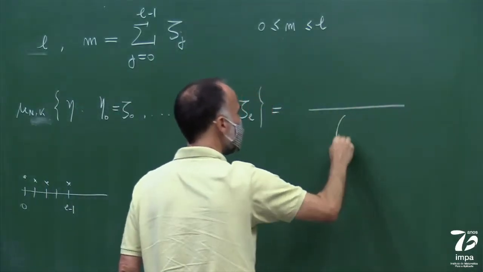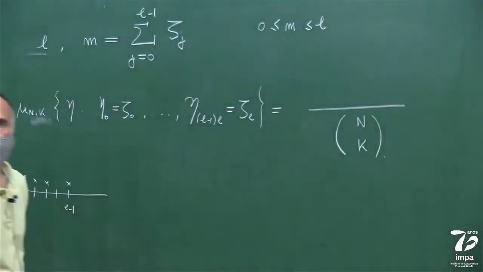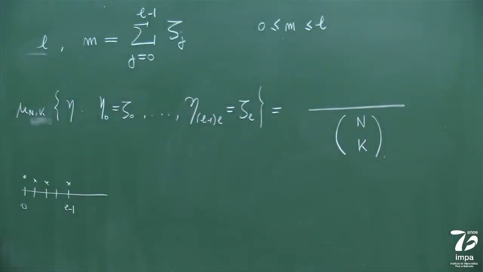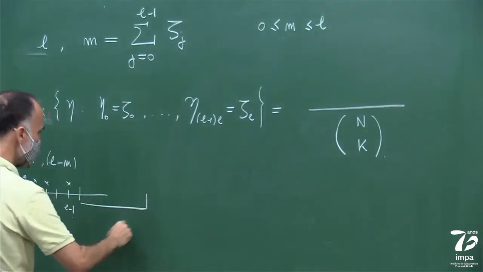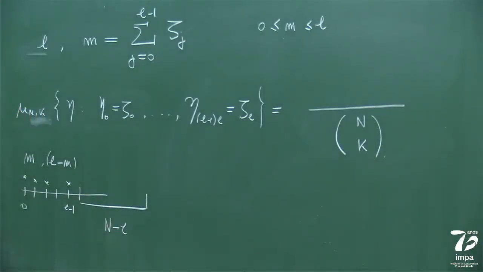The total number of configurations, we know, is n choose k. Okay, and how many configurations satisfy these conditions? Well, I have here M particles, and therefore L minus M holes. And here I still have n minus L sites.